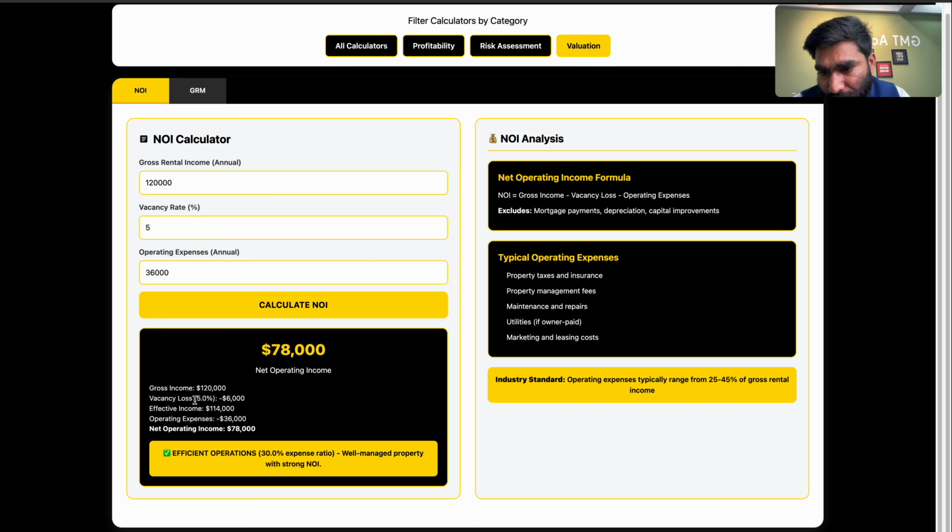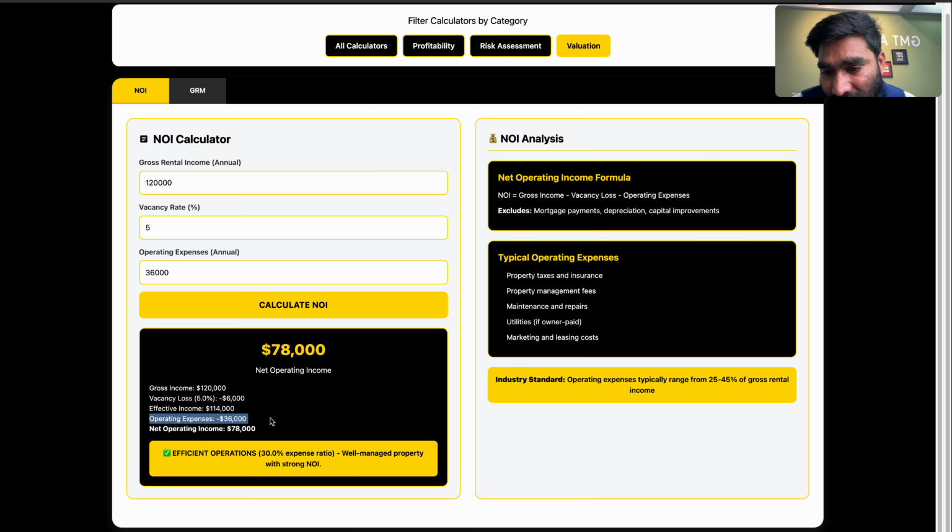Vacancy loss is 5%, giving an effective income of 114k. And if we talk about operating expenses, minus 36k, which we have, so net operating income is 78k.